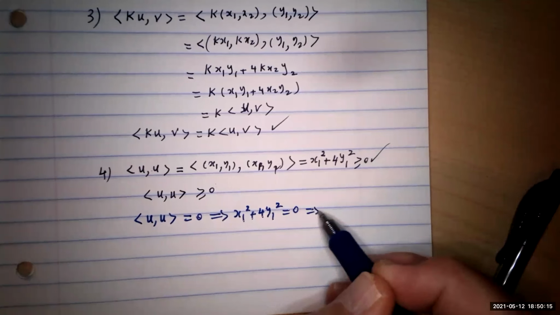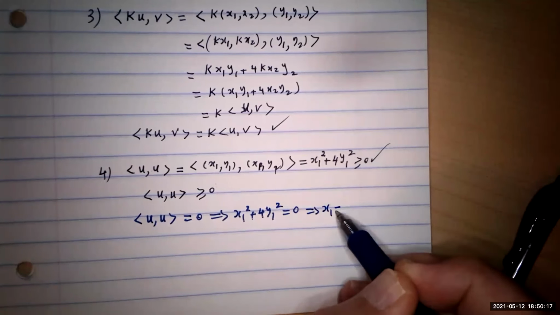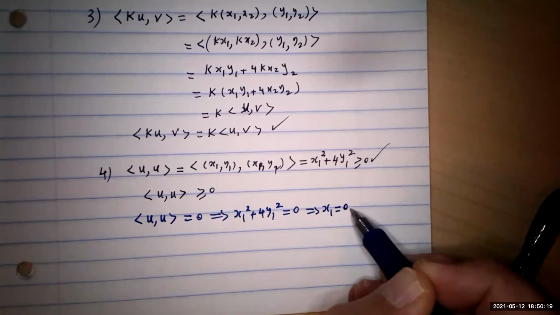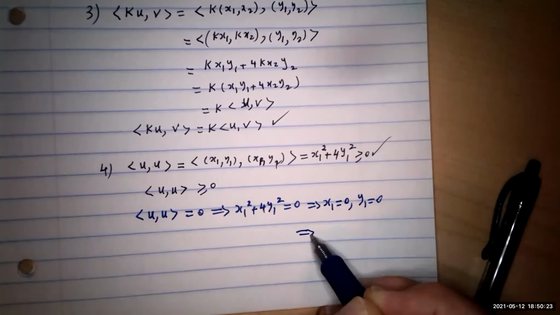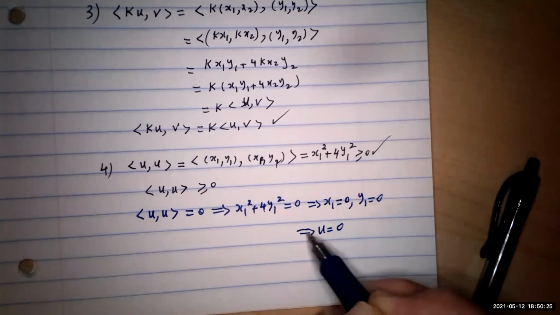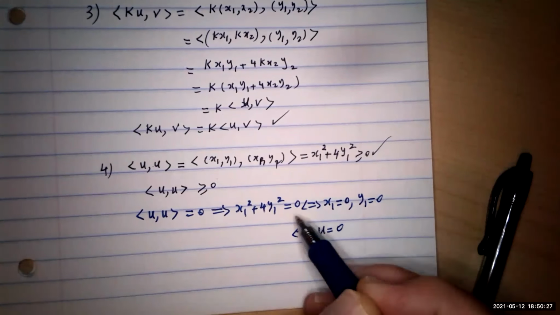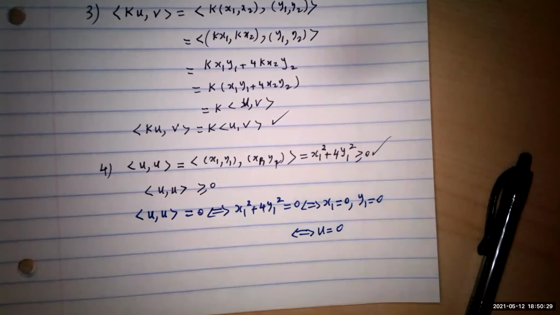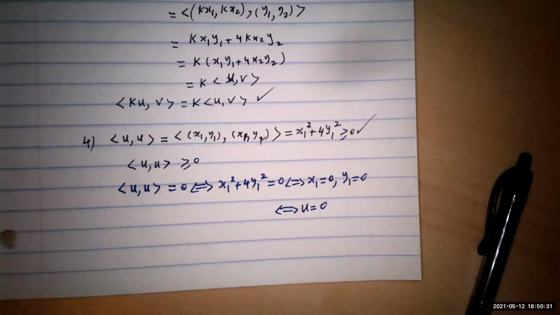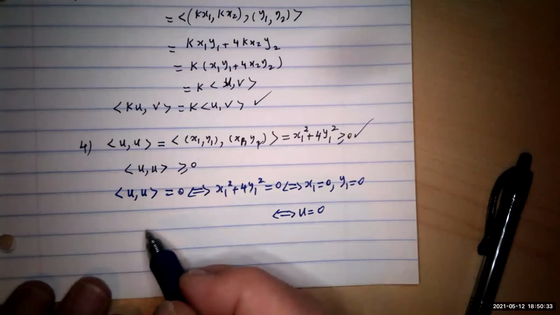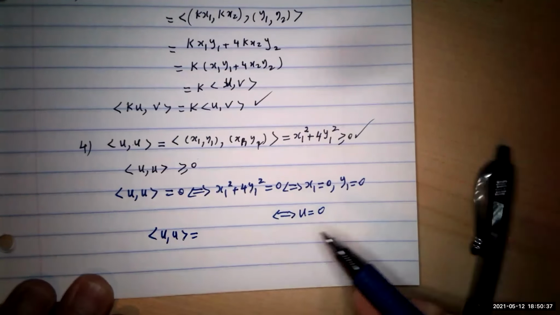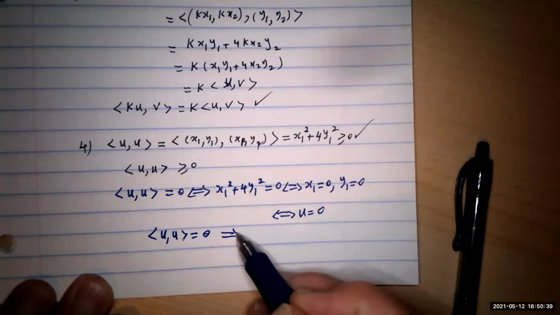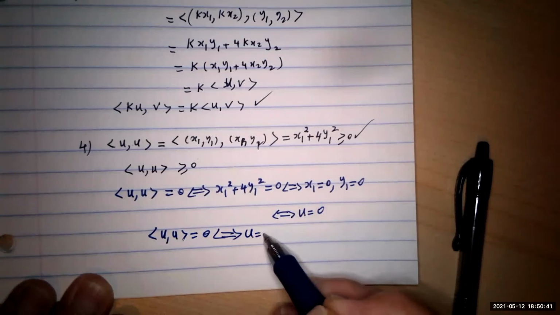So this means x1 must be 0, and y1 must be 0. So this will tell you that u is the 0 vector. So you prove that the inner product of u with u is equal to 0 if and only if u is equal to 0.